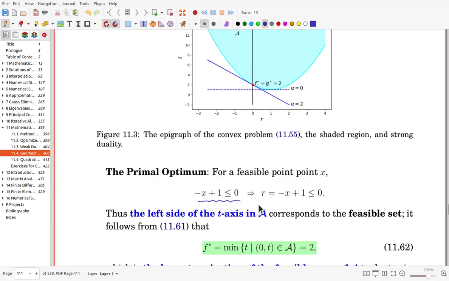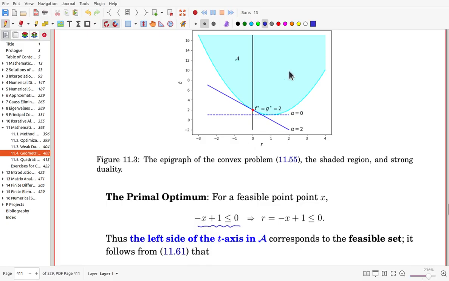So r is non-positive, and from this epigraph, the left side is the feasible zone. Now we project the minimum to the t-axis. The minimum possible value is this one. That is f star.